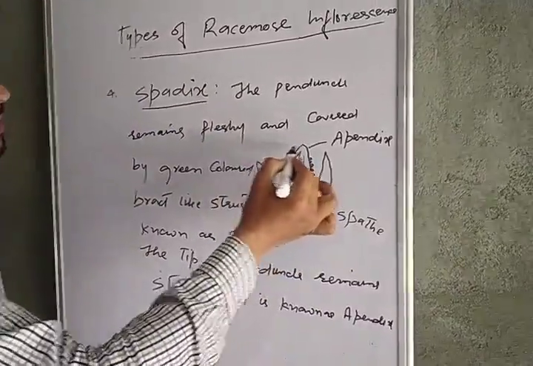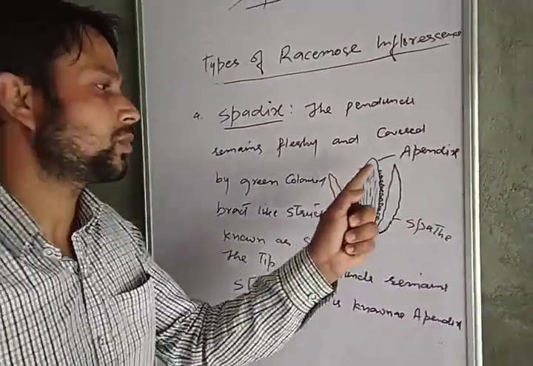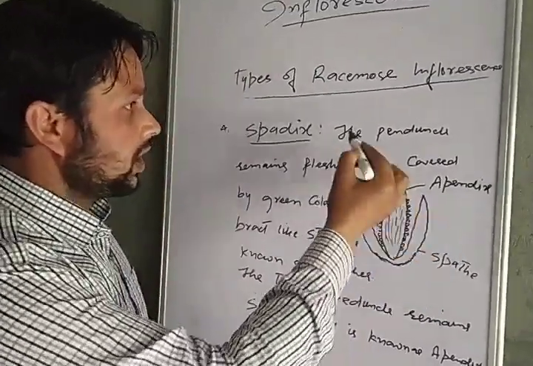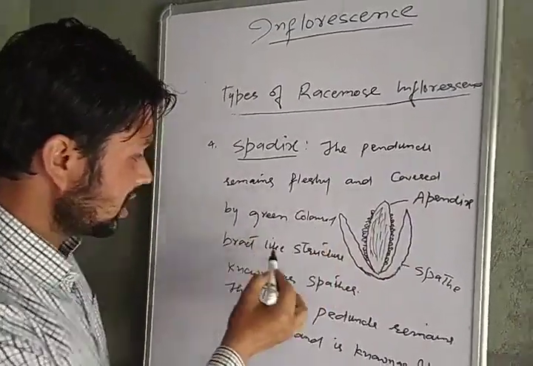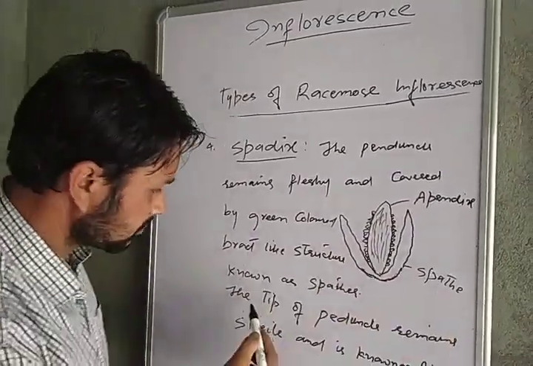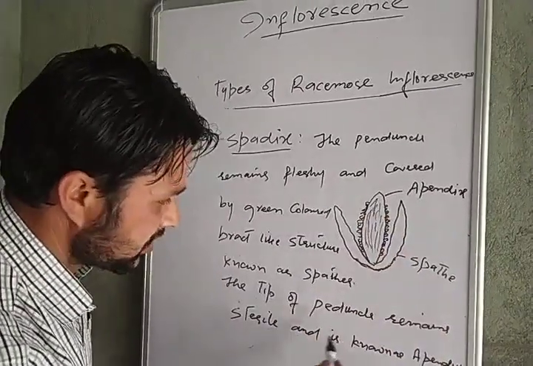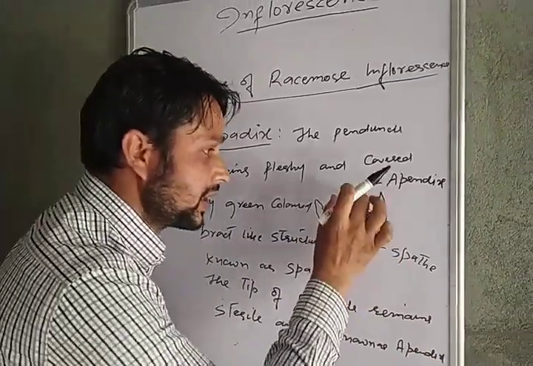So this tip remains sterile. When it is sterile, that means it does not possess flowers. The peduncle remains fleshy and covered by a green colored bracket-like structure known as spathe. The tip of the peduncle remains sterile and is known as appendix.